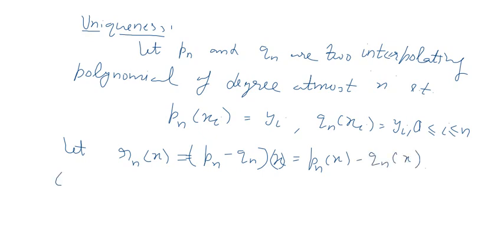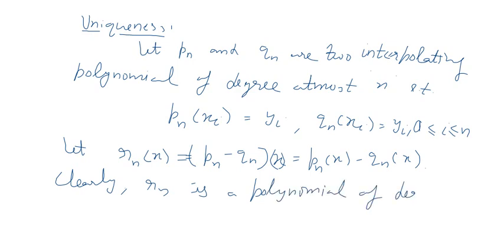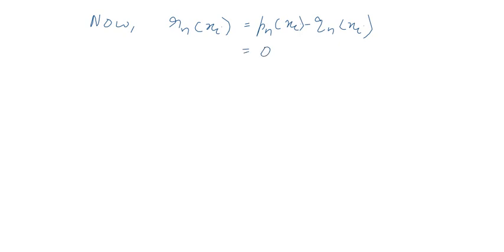Now clearly Rn is a polynomial of degree at most n. Now Rn of xi, that is equal to Pn of xi minus Qn of xi, and both match yi and yi, so that is equal to 0 for all 0 less than or equal to i less than or equal to n.